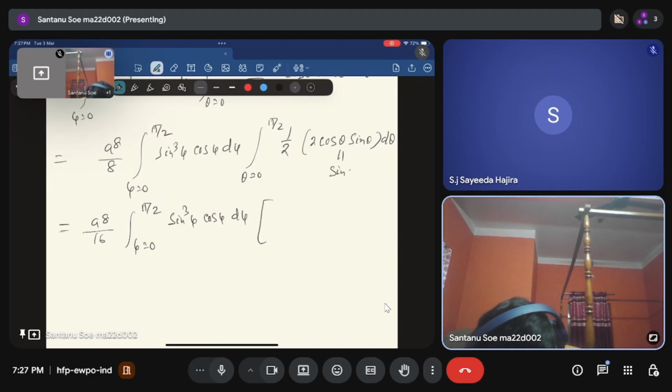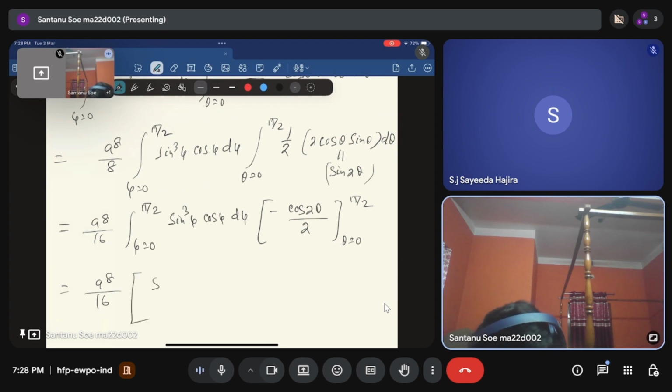And so this is just gonna be sine of 2 theta, right? So this will be negative of cos 2 theta divided by 2, and this is theta from 0 to pi by 2, correct? So this is gonna be a to the power 8 divided by 16, and then this is just sine to the power 4 phi by 4, 0 to pi by 2.